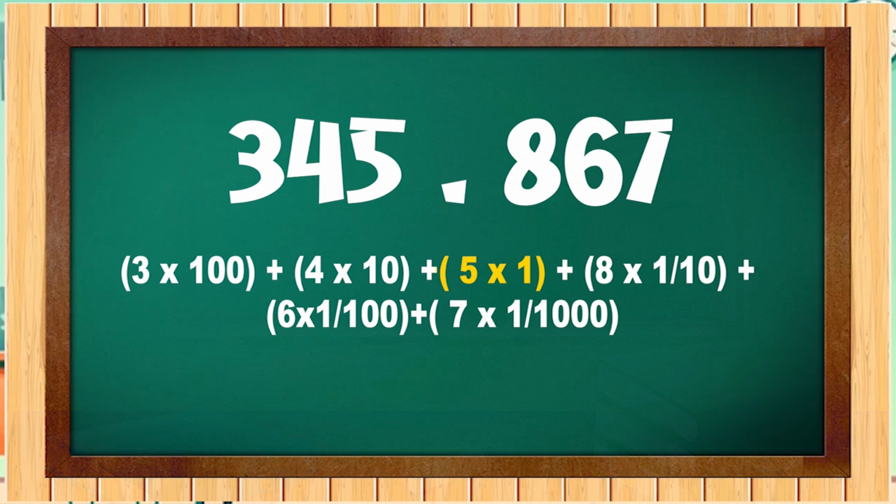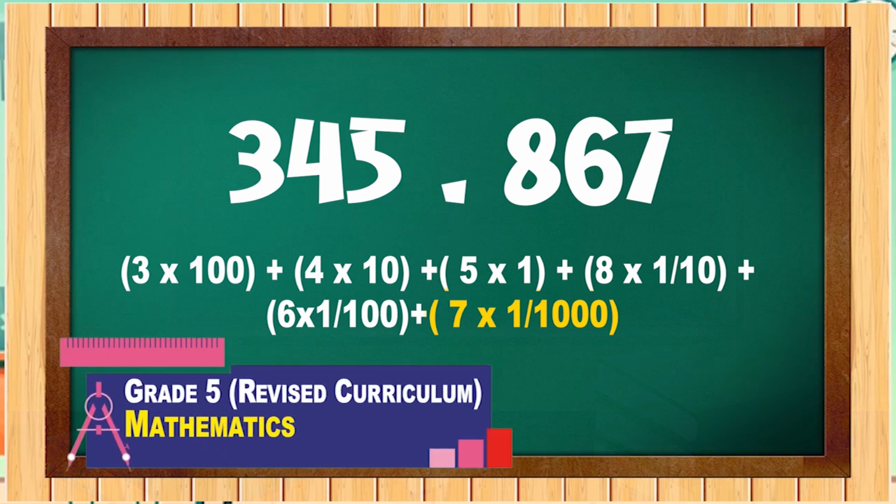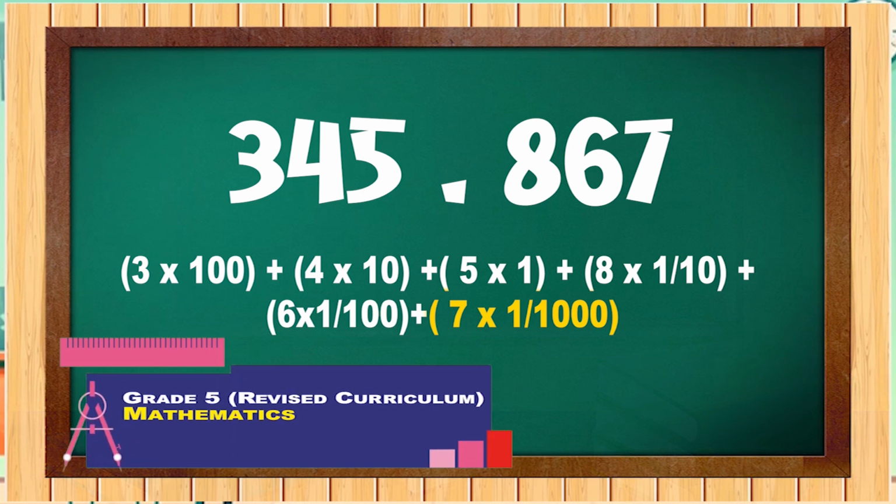Boys and girls, let's hurry on to expand the decimal part of this number. 8 times 1/10. Why? Because 8 is in the tenths place. 6 times 100ths, because 6 is in the hundredths place, plus 7 times 1,000ths, because 7 is in the thousandths place.